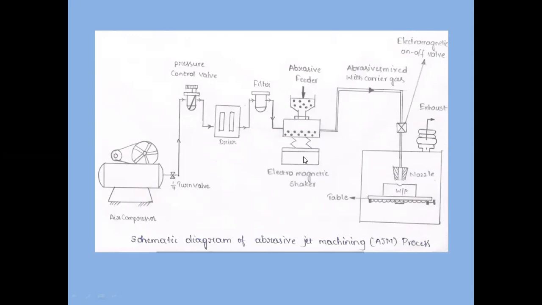Here the mixing of air and abrasive happens with the help of the electromagnetic shaker. We give some vibration so that this gets properly mixed, and further this is forwarded to the nozzle by an on or off valve. Once it enters the nozzle, the pressure is maintained and increases here, and automatically the velocity of that abrasive jet increases.